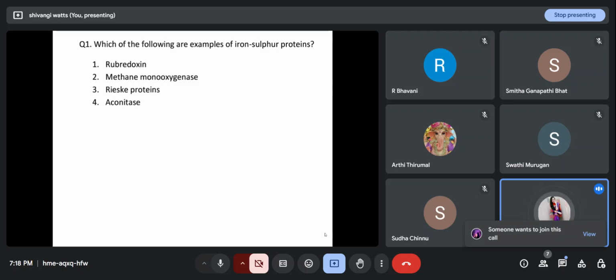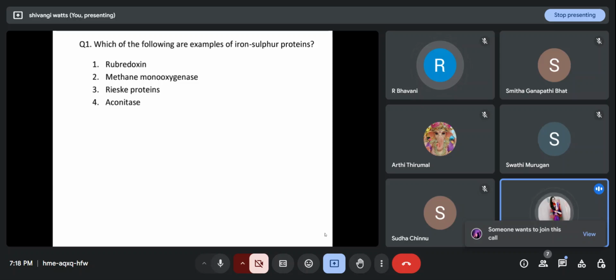Okay, so I will modify the question: which of the following is not an example of iron sulfur protein? Tell now. Methane monooxygenase, ma'am. Okay, this is correct. So now the question is opposite: which of the following is an example of iron sulfur protein?